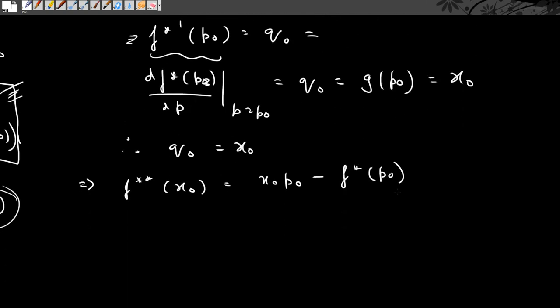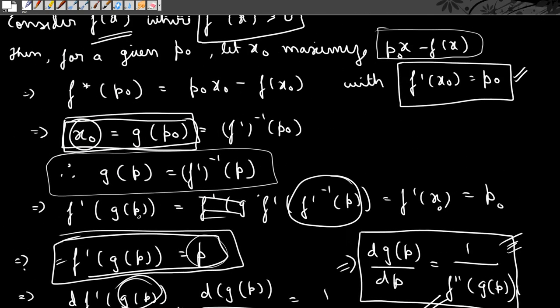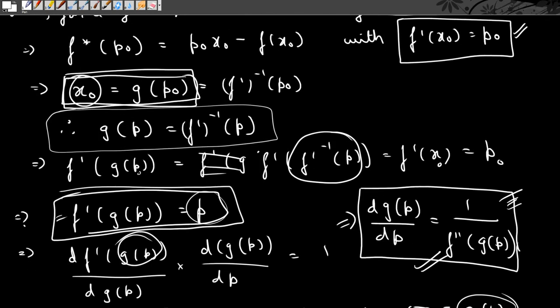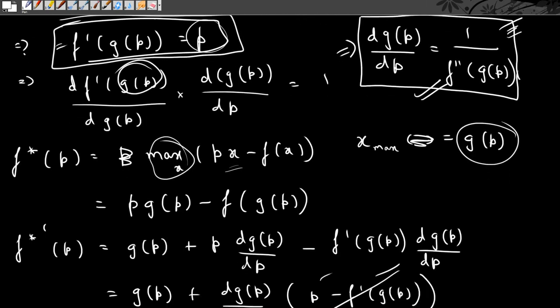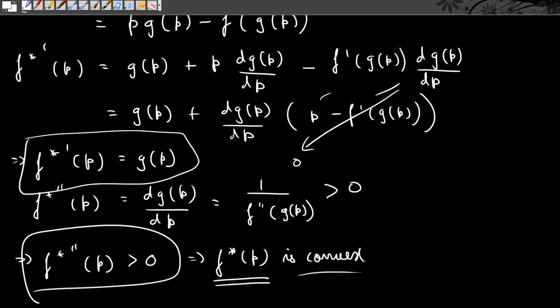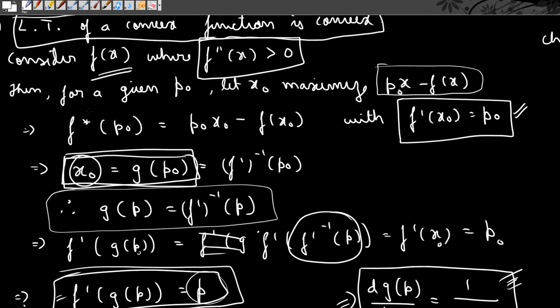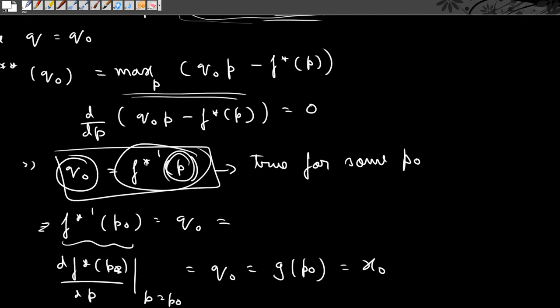But f star of p naught from our Legendre transform equation for f of x is what? Where is that relation? Yeah, so here. f star of p naught is nothing but p naught x naught minus f of x naught. So we are going to use that here.